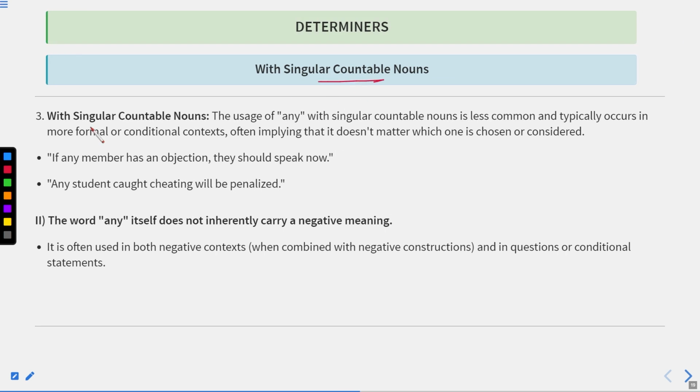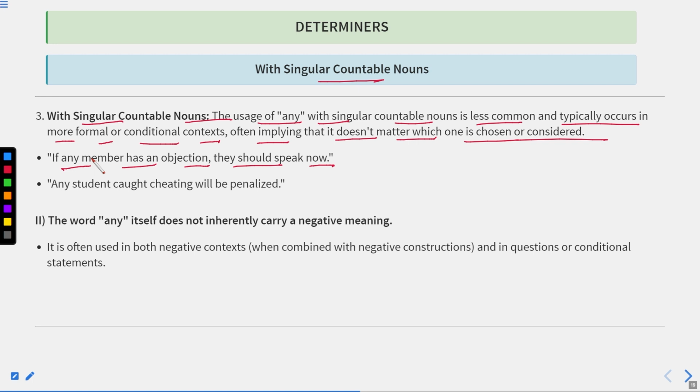With singular countable nouns, the usage of any is less common and typically occurs in more formal or conditional contexts, often implying that it does not matter which one is chosen or considered. If any member has an objection, they should speak now. If any member, it means we are not talking about a particular member over here.